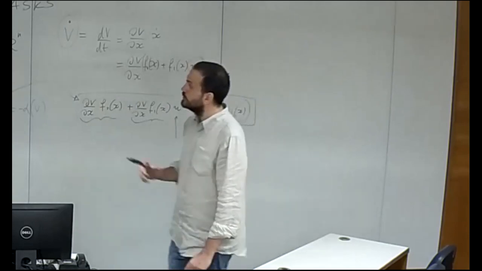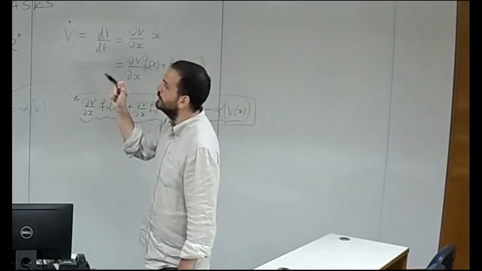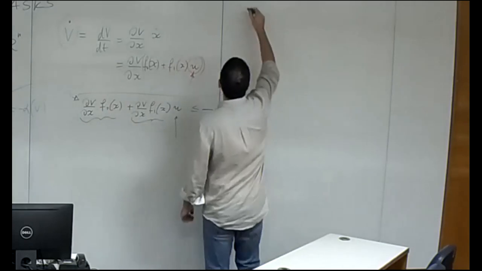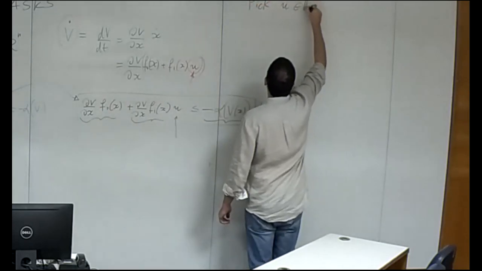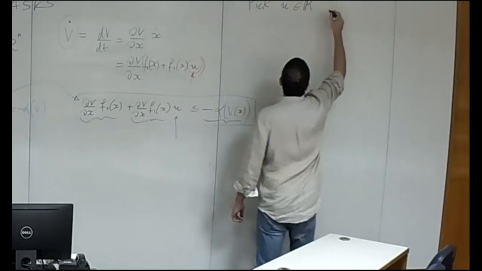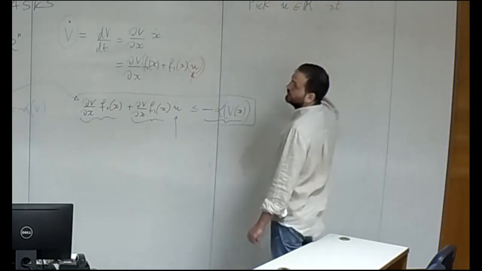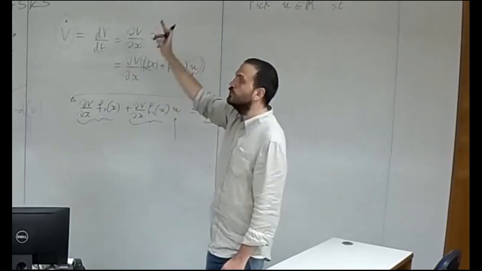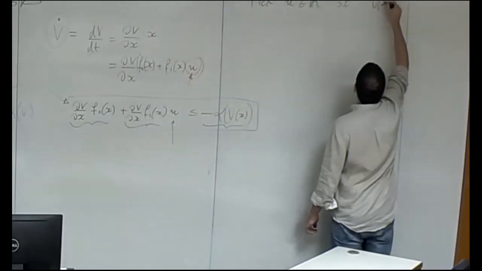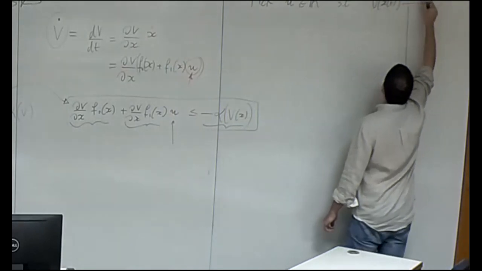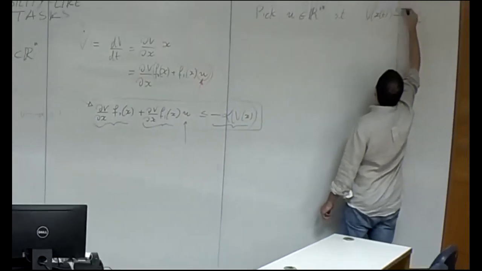So now the answer to the question, how to execute stabilization-like tasks, becomes: take a u in Rn, such that, where we wrote x of t goes to the target, here we write V of x of t goes to 0 as t goes to infinity.